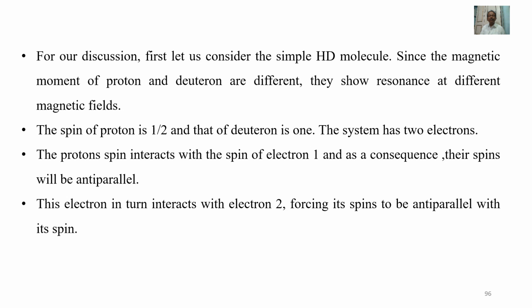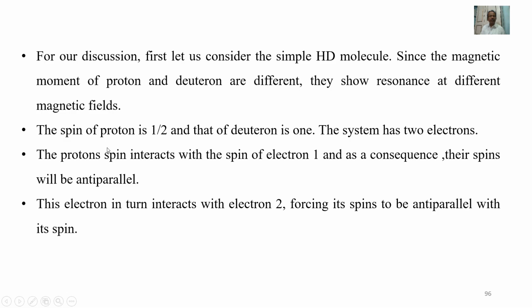For our discussion, first let us consider the simple HD molecule. Since the magnetic moments of the proton and deuteron are different, they show resonance at different magnetic fields. The spin of the proton is half and that of the deuteron is 1. The system has two electrons.